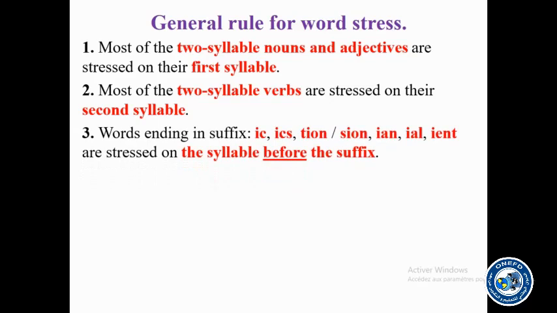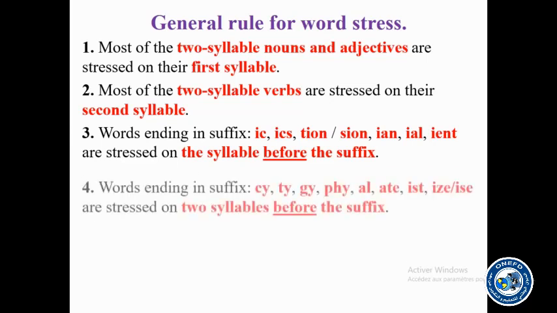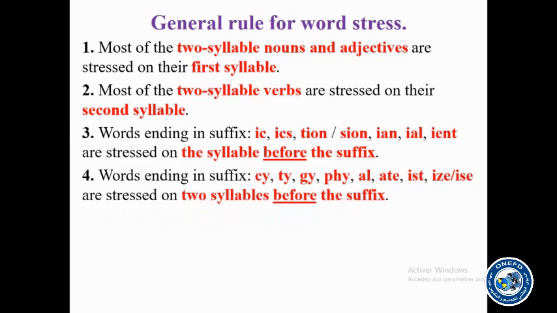I added others: ix, tion or sion, ian, ial, ient, are stressed on the syllable before the suffix. Words ending in the suffix cy, ty, gy, fy, al, ate, ist, ize with z or with s are stressed on two syllables before the suffix.